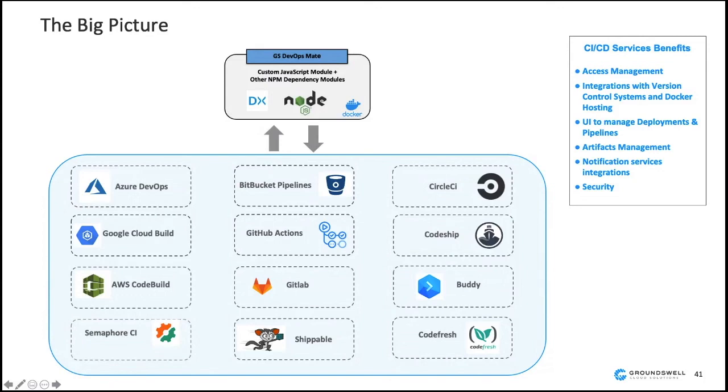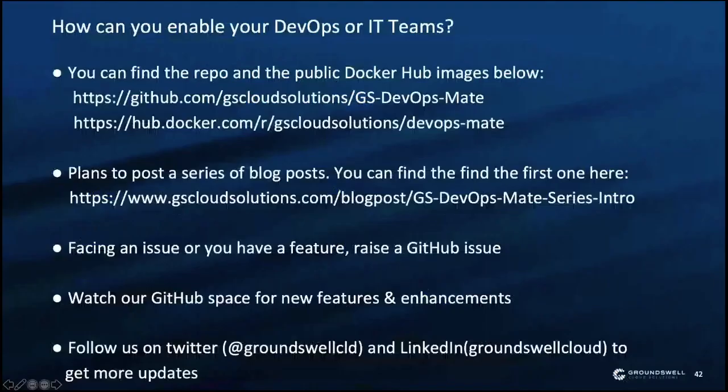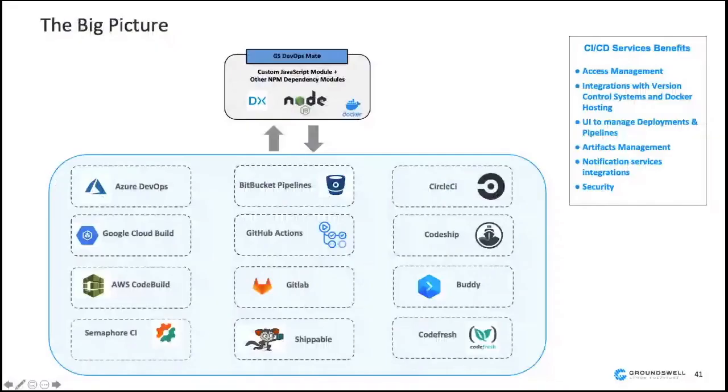And probably if you want a very specific UI to configure these pipeline YAMLs, we would love to get your feedback on that. Then, artifacts management: you have seen how it provides nice artifact management as well. Many of these CI/CD services also give you integration with notification services, not only Slack but email notifications, and tools like PagerDuty for monitoring.